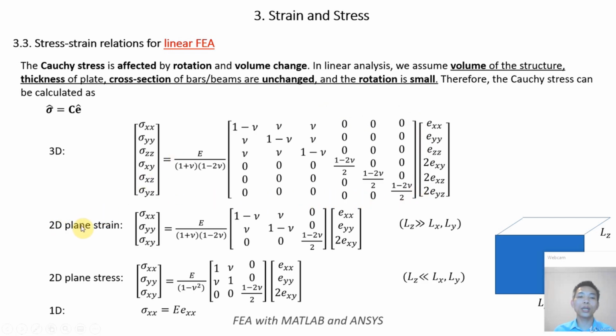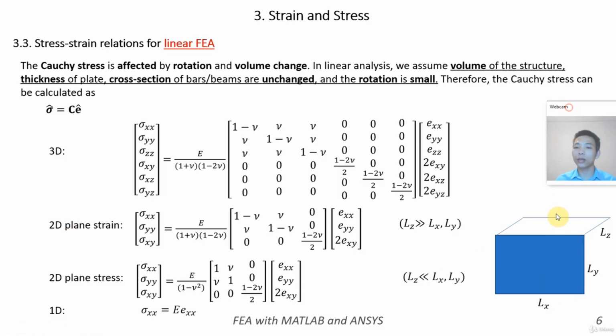For 2D, we have two cases. Consider here, I have a plate which is shown in blue. The dimension in the thickness of the plate is denoted by Lg. So there are two cases. If Lg is really big compared with Lx and Ly, we assume the plate is in plane strain condition.